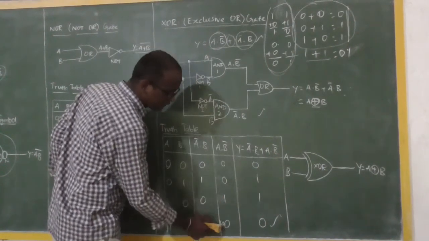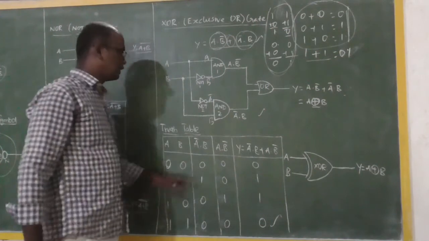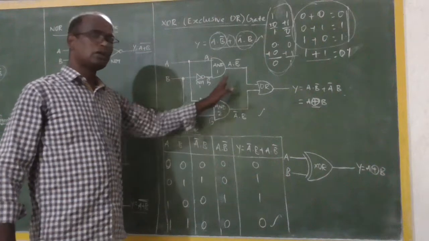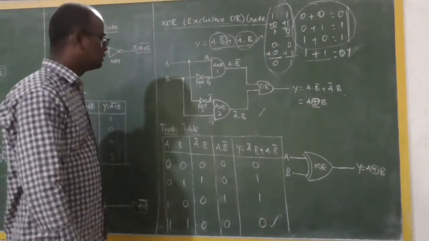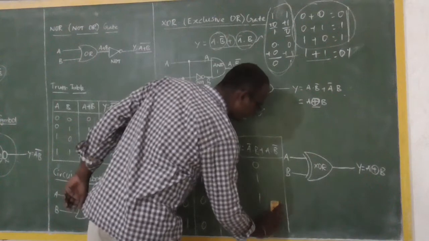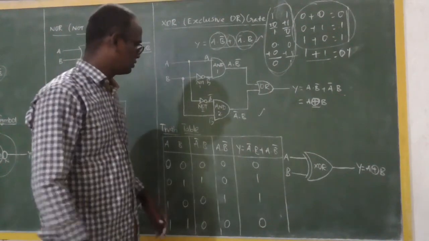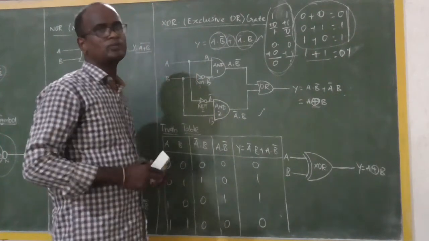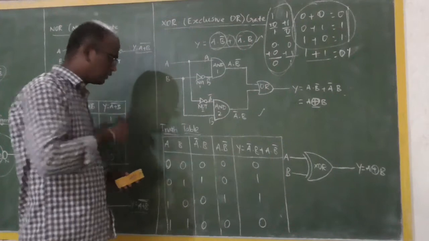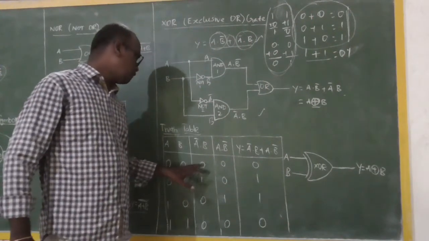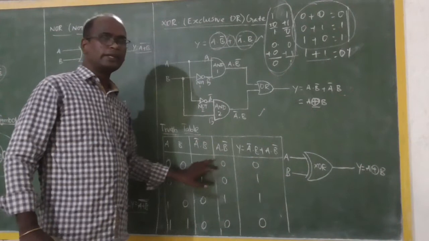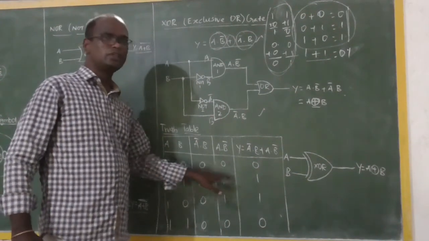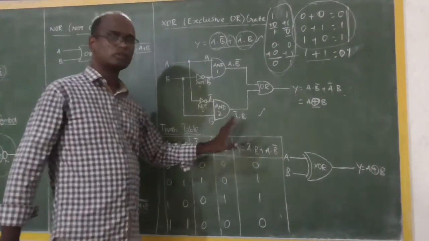Now, the final output of an XOR gate is driven from the output of the OR gate in this structure. The results of both the AND gates are combined into the OR gate. What is the OR gate result? If any one of the inputs is 1, then the output will become 1. So we have to see these two outputs of the AND gates, then perform the OR operation between these two inputs to get the final output.